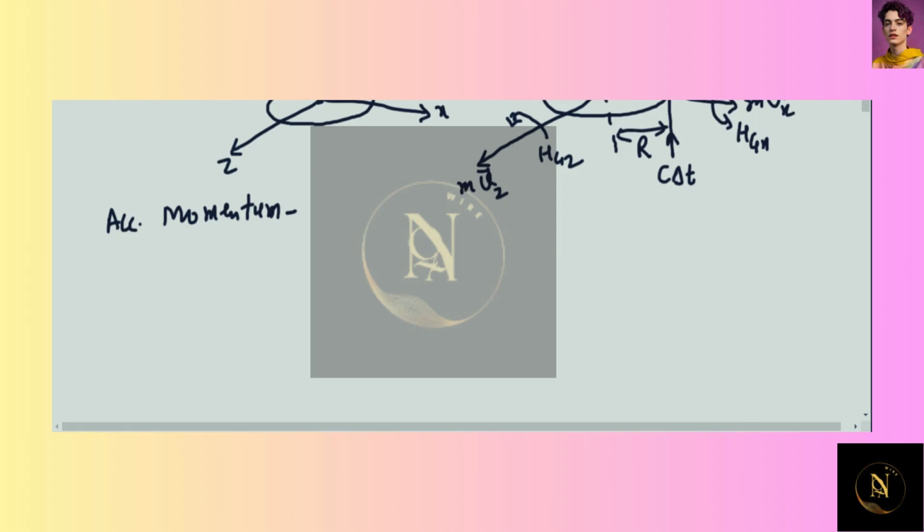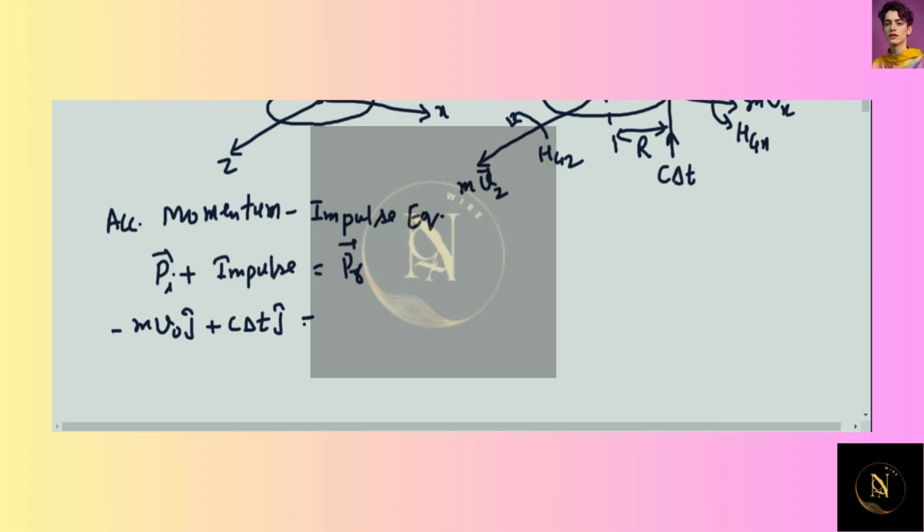According to the momentum impulse equation, initial momentum plus impulse is equal to final momentum. Minus mv naught j cap plus C delta t j cap is equal to mvx i cap plus mvy j cap plus mvz k cap.